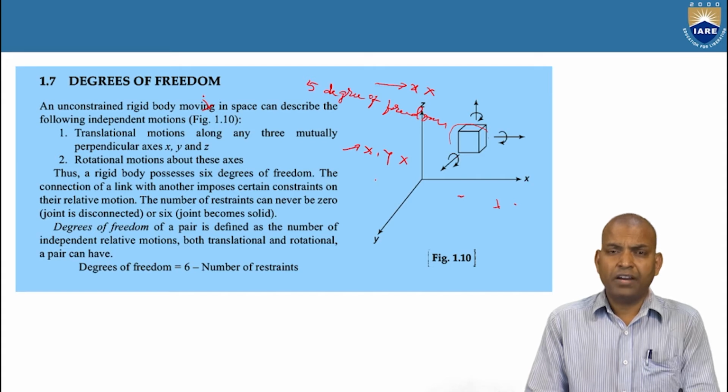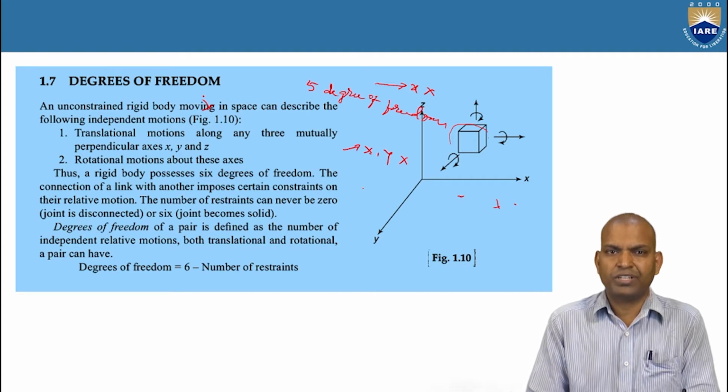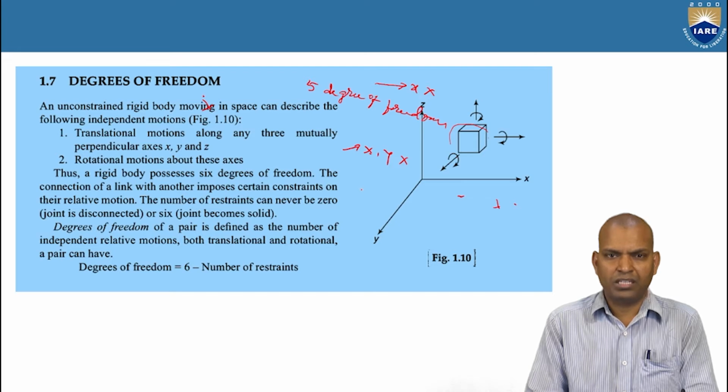Suppose the 3 translations are constrained, then the degrees of freedom for that body is 3, and those 3 are the rotational motions.